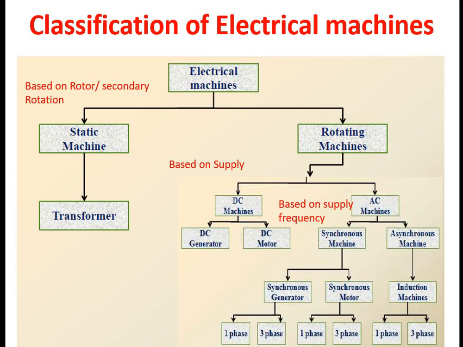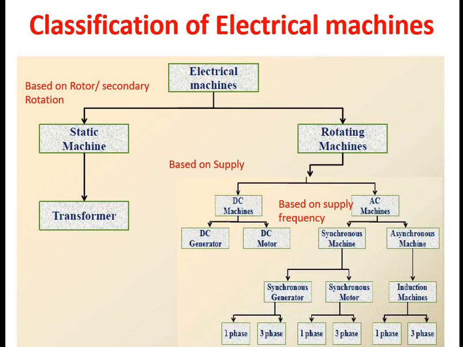It has a time period of 20 milliseconds and a frequency of 50 Hz in our country. So based on that frequency, we obtain an important term called synchronous speed with respect to AC rotating machines. The term synchronous speed is predominantly required for understanding the working of all the AC rotating machines.